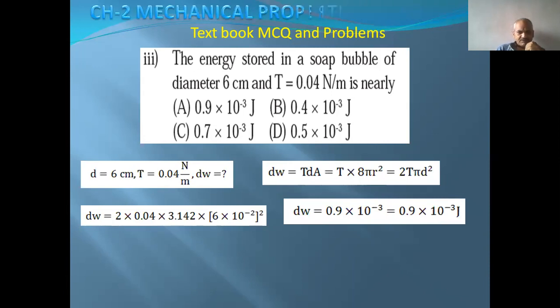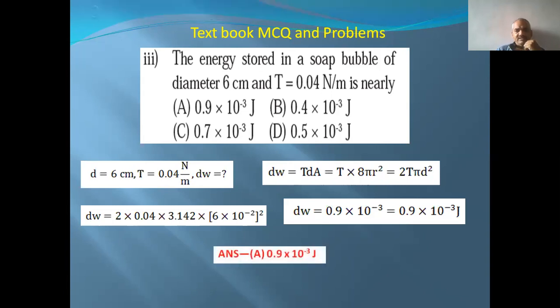In case of MCQs, you should try for approximate calculations. To calculate the approximate value, you should take round figures for the calculation. You can easily get the answer. Okay, the answer is 0.9 into 10 raised to minus 3.